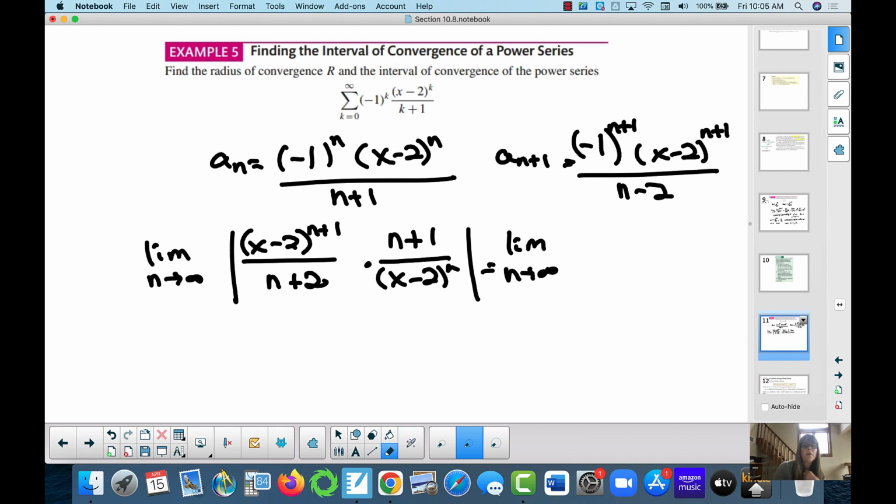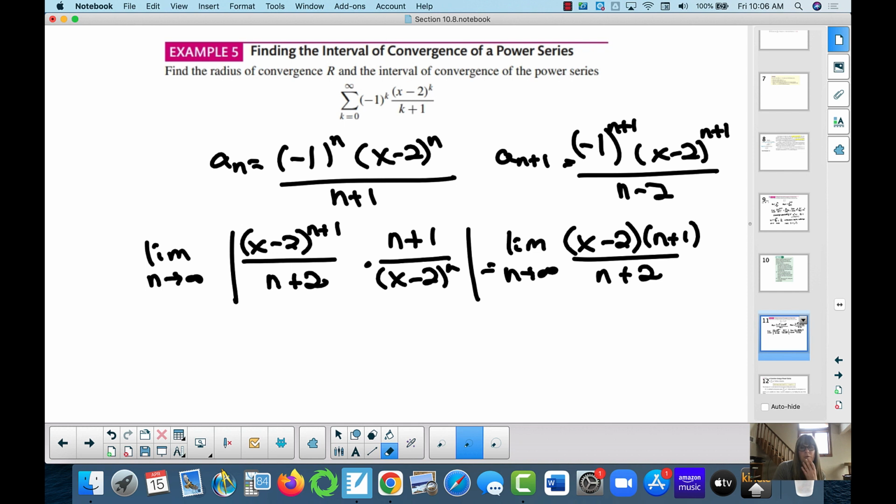Okay, so here when we look at these ratios, I have x minus 2 to the n plus 1 power bigger than x minus 2 to the n. And so if I subtract n plus 1 minus n, I just get 1. So that's x minus 2 to the 1 power. If I have n plus 1 over n plus 2, I can't simplify that.